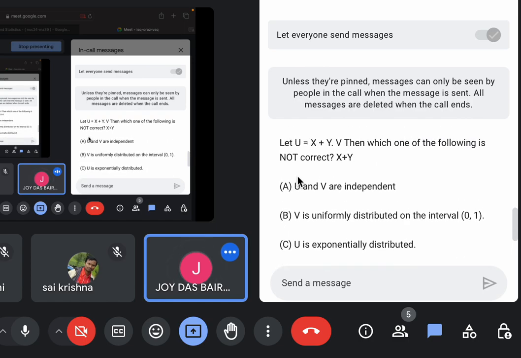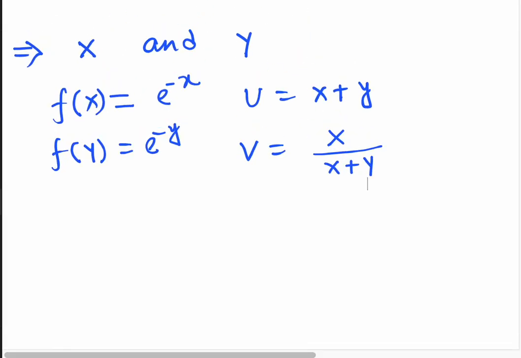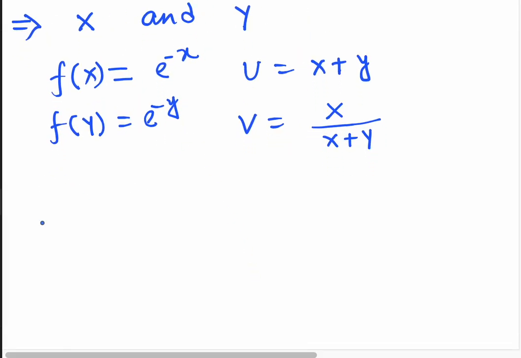Now, the distribution of u we can easily calculate using the moment generating function of this variable. Suppose M_u(t), what will it be?